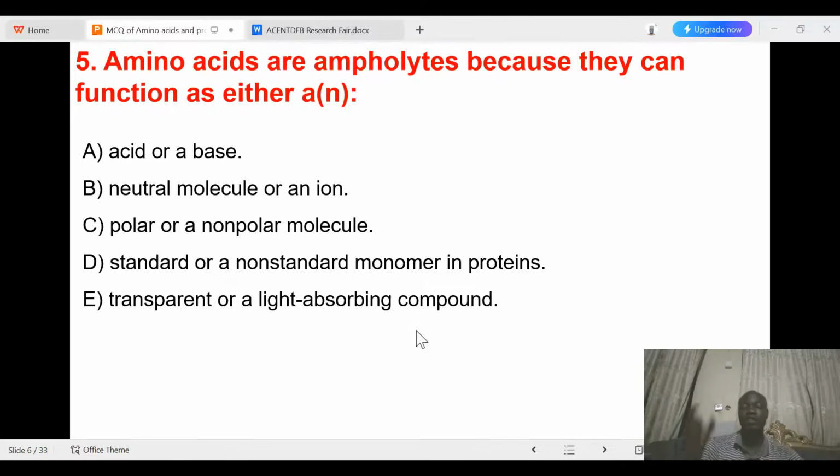The carboxylic group gives it the acidic nature, while the amino group gives it the basic nature. So the answer is option A. That is why it functions as an ampholyte.